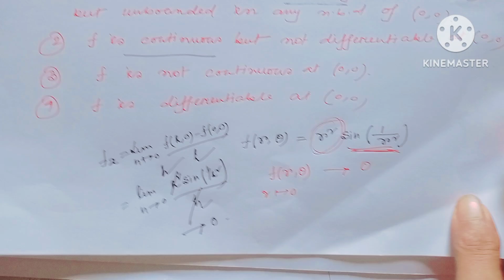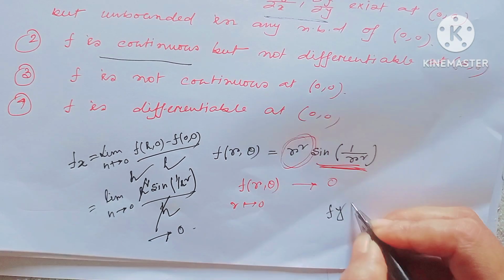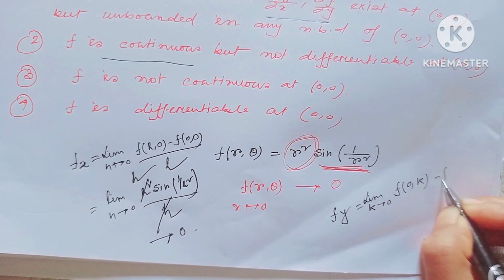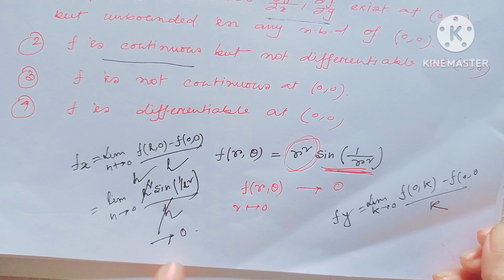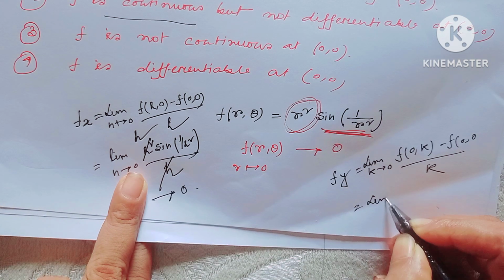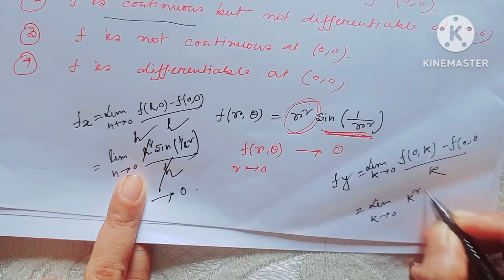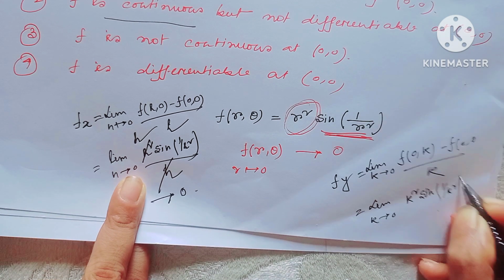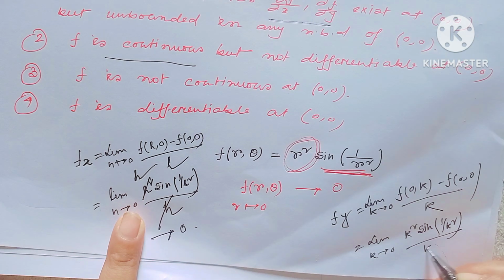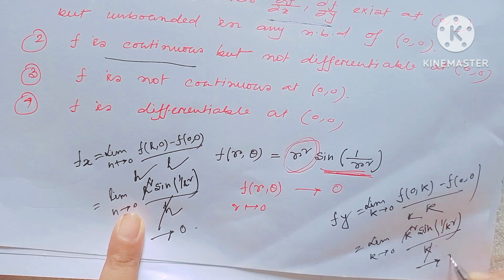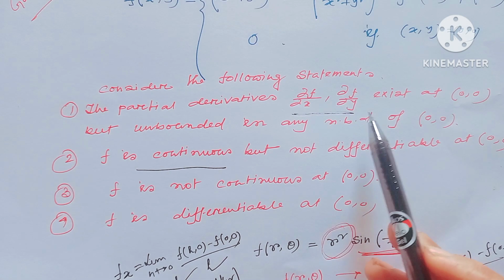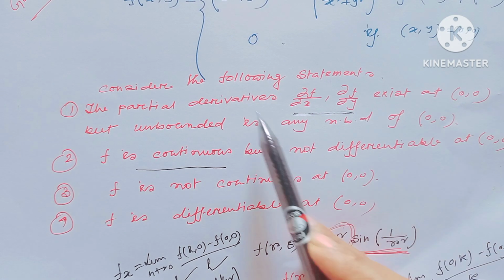Similarly, if we check fy, limit k goes to 0, f of 0k minus f of 0 over k. F of 0k means k square sin 1 over k square, and f of 0 means 0, over k, so this value goes to 0. Therefore the partial derivatives with respect to x and y exist.